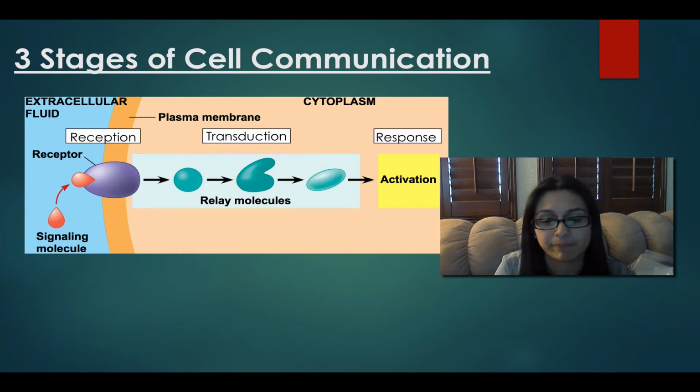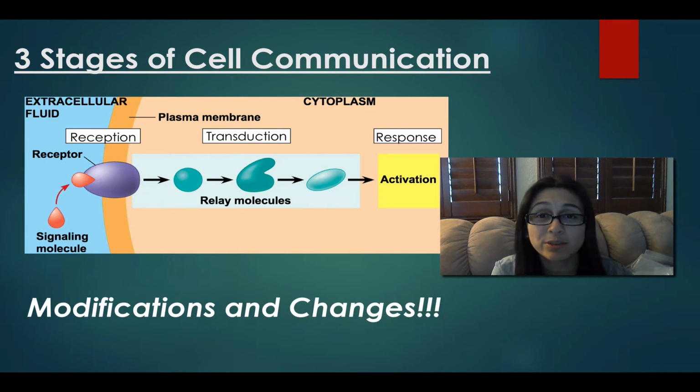Now, one of the key things to remember as we go through this video is the idea of modification and change. When a molecule or a protein, anything that you're talking about that's involved in this pathway, gets changed or modified somehow, it usually means it's getting activated. And when it becomes activated, it can change the molecule that comes after that.